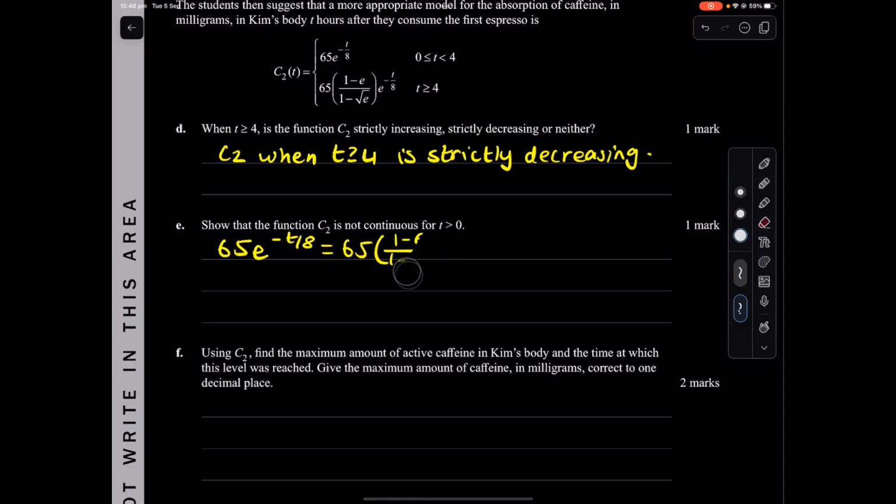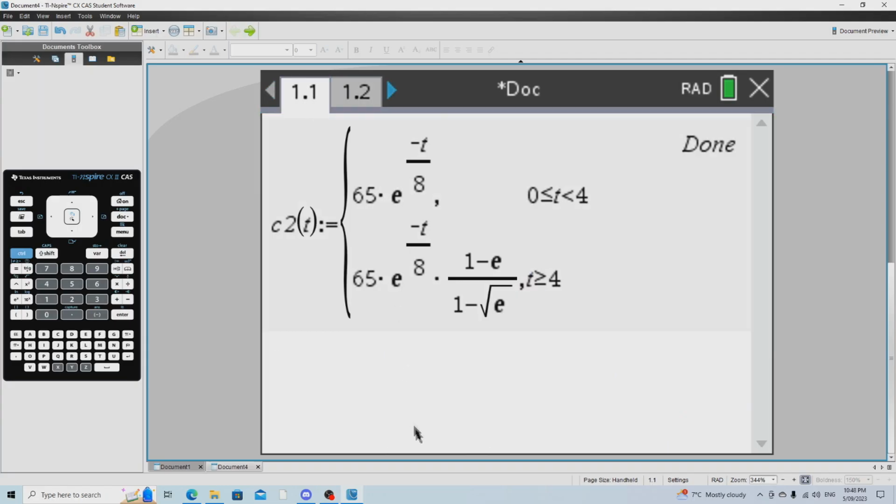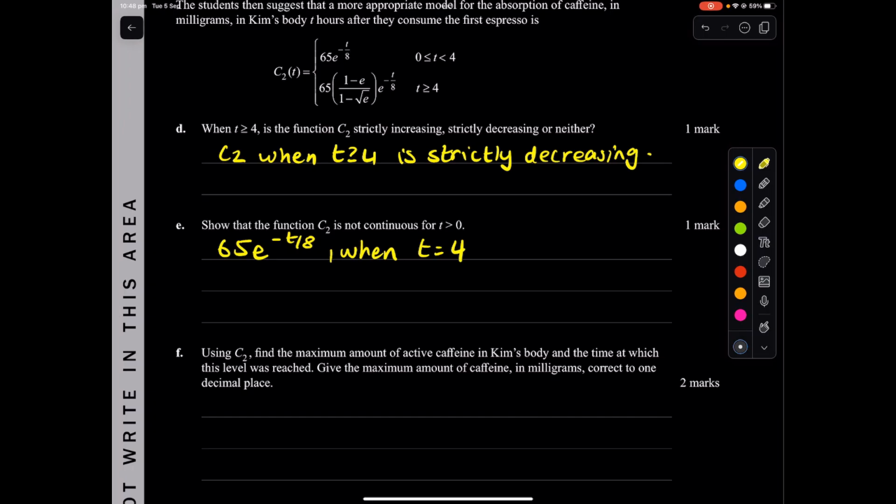Okay, wait, let me just take this time. Yeah, so we want this here. So 65 et when t is equal to 4. So 65, t is 4. If I go on my calculator, when t is equal to 4, it equals 39.4.